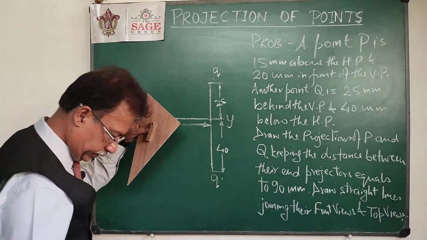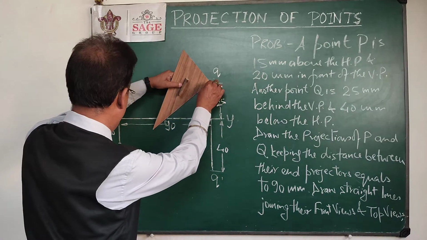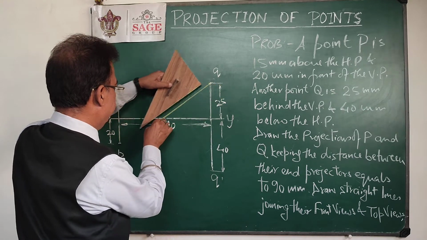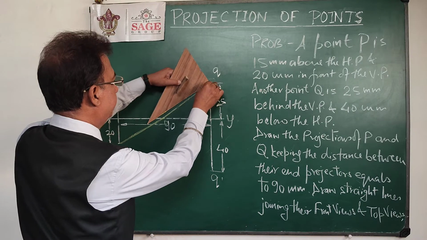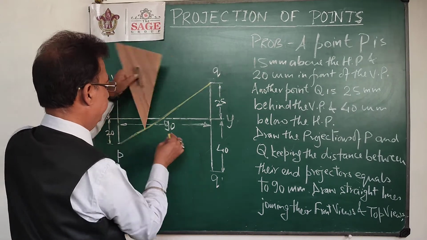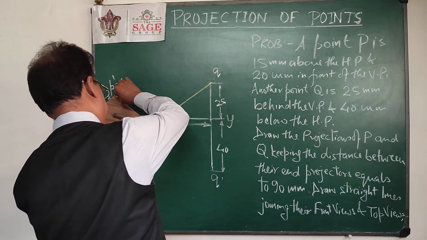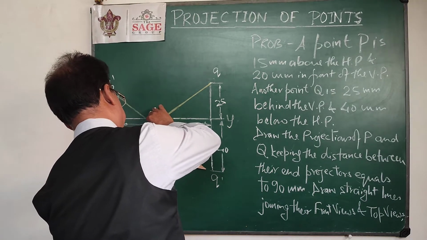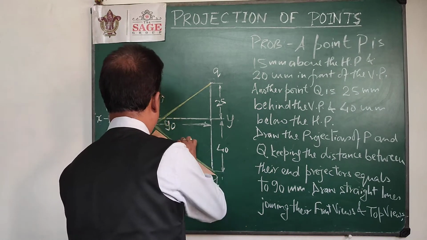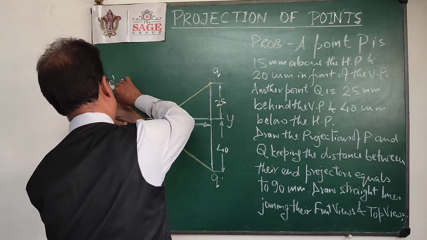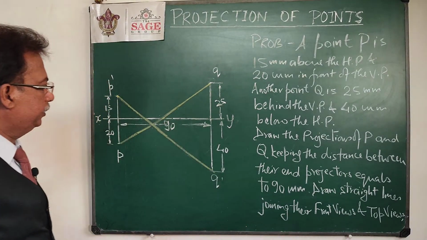With the help of a straight line you can easily join these two, like this. So this is the projection.